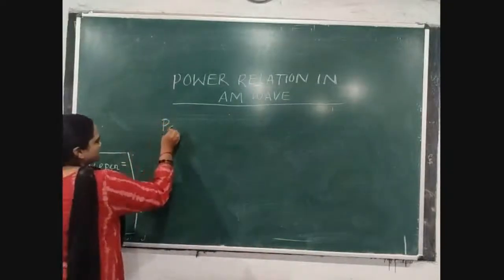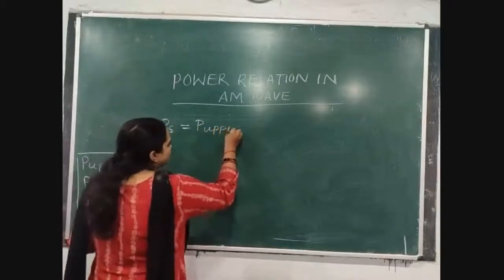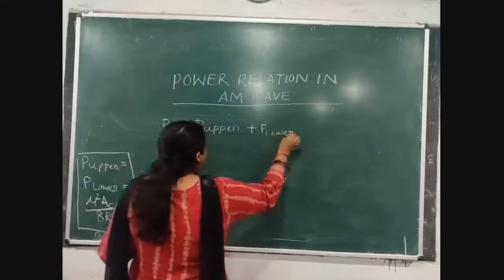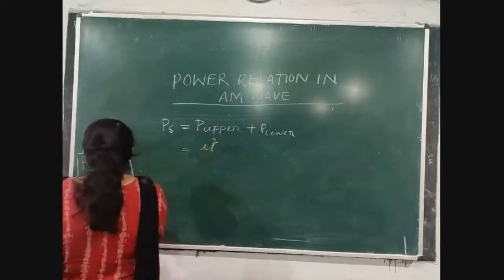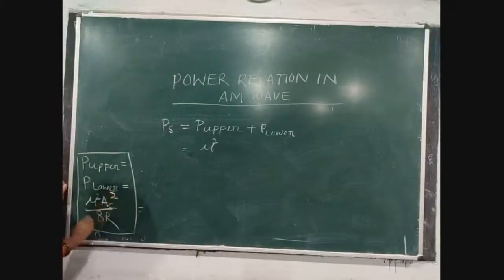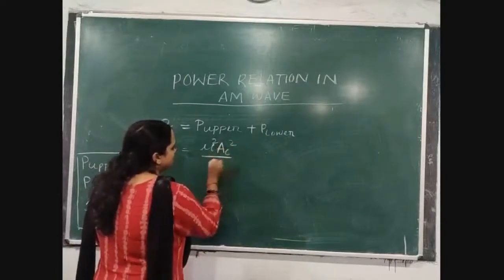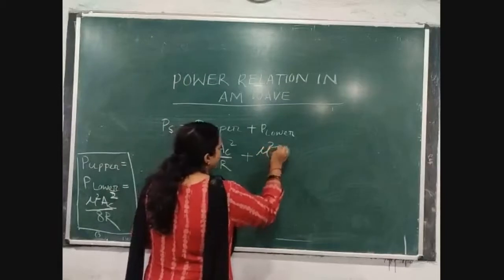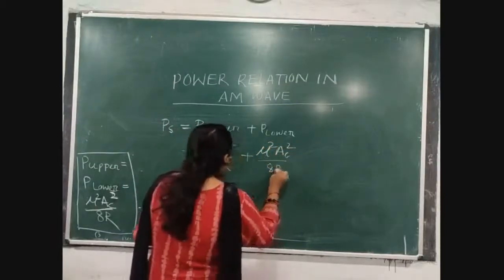So PS equal to P upper plus P lower. So mu square AC square by 8R plus mu square AC square by 8R.